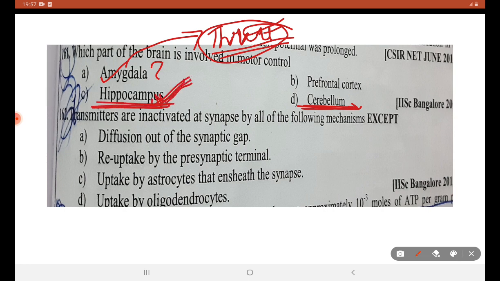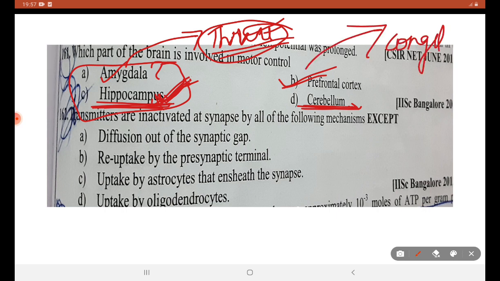You are learning this nervous system, memorizing too many formulas, equations, so the hippocampus has a role. Where are the hippocampus and amygdala located? They are located in the temporal lobe of the brain. What is the function of the prefrontal cortex? It helps in cognitive functions. So the correct option for motor control is the cerebellum.